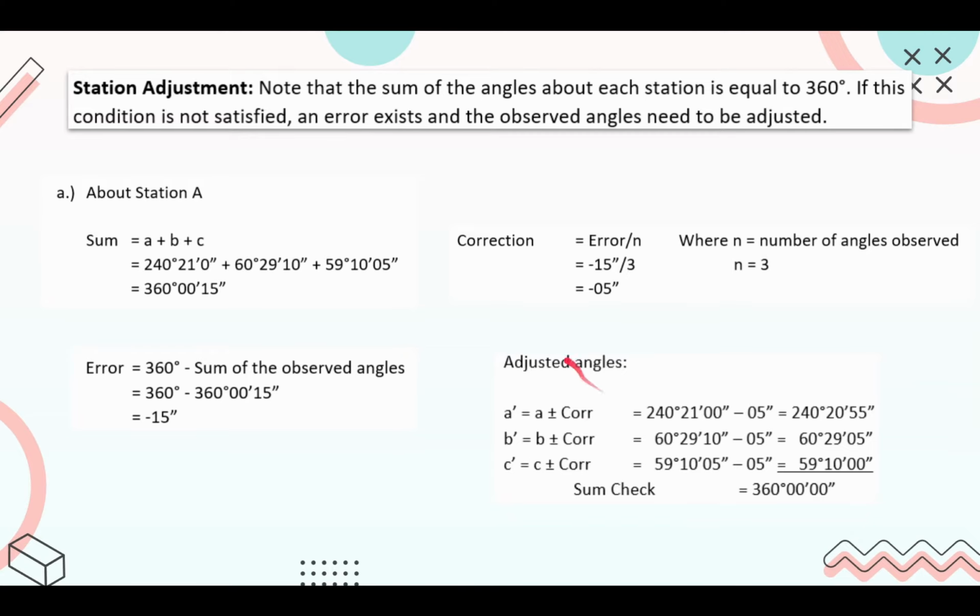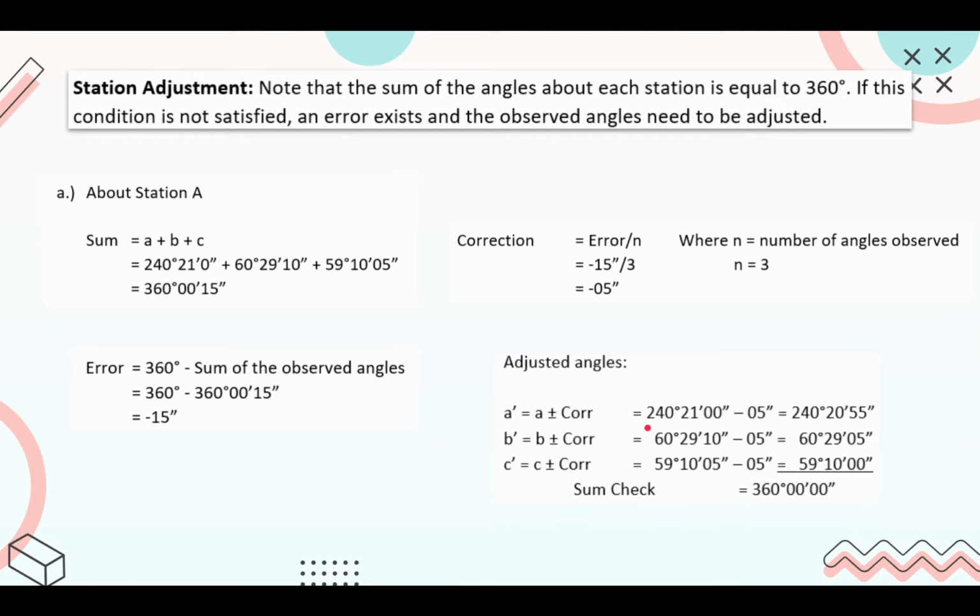Now, to solve for the adjusted value of A prime, we add or subtract the correction to or from angle A. So since the correction is negative, then we subtract the value from the angle. So 5 seconds is subtracted from the value of angle A, which is 240 degrees, 21 minutes, and 0 seconds. We now have the value of A prime, which is 240 degrees, 20 minutes, and 55 seconds.